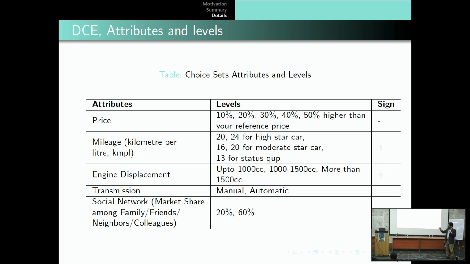What we did was, we asked in the first section of the survey, you are in the market, what is the price that you are expecting to pay for a car in the future.